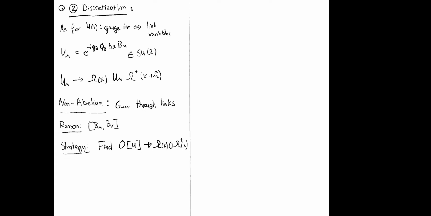If you find such an operator, then you can check that it is at least a good candidate because it has the same transformation as G_mu nu, and you can check whether, when you take the continuum limit, it reproduces the correct operator, whether it really encodes the information of G_mu nu or not. And so, no suspense, I'm just going to show you the correct operator and then try to explain why it makes sense. For that, let me just introduce some notation.